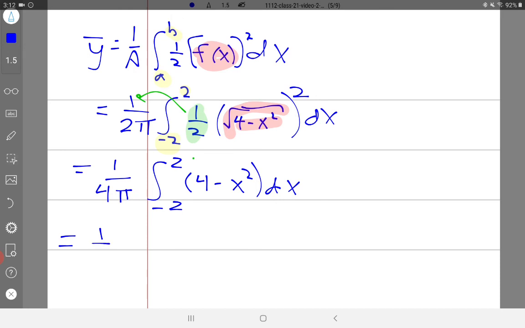And then I can start taking an antiderivative: 4x minus 1/3 x cubed from -2 to 2.